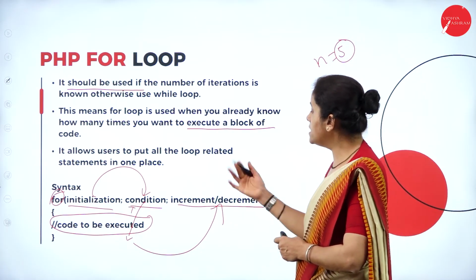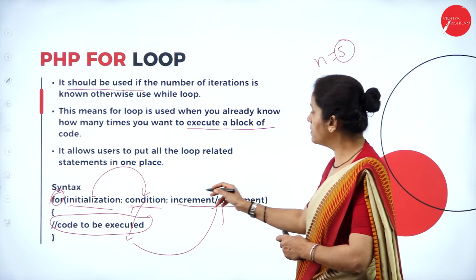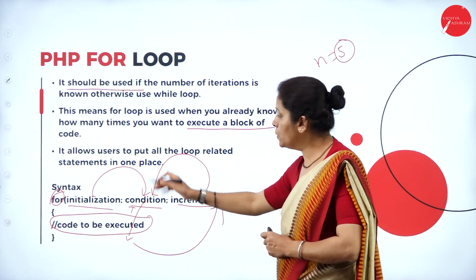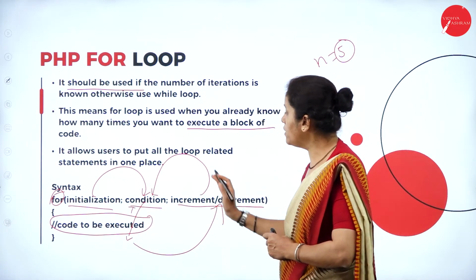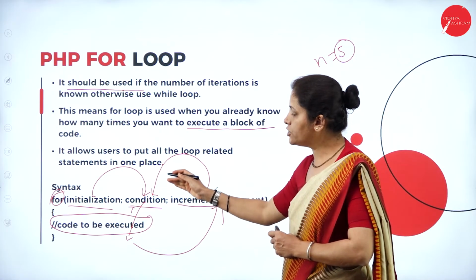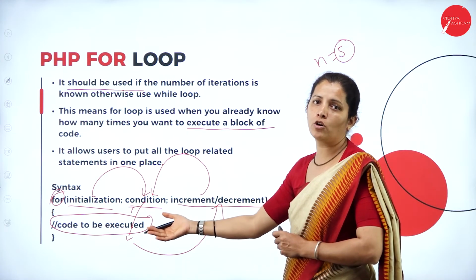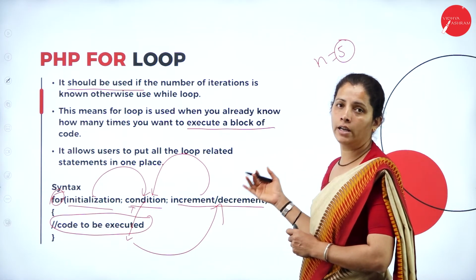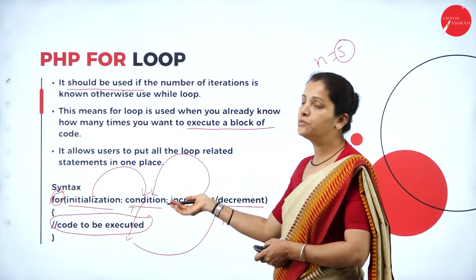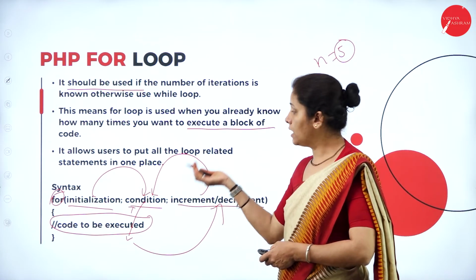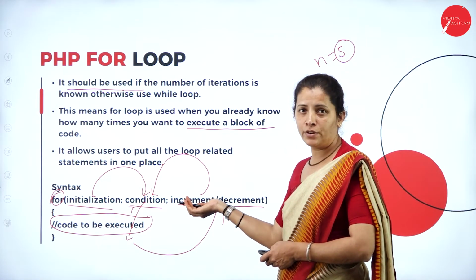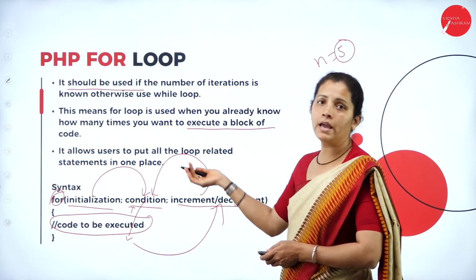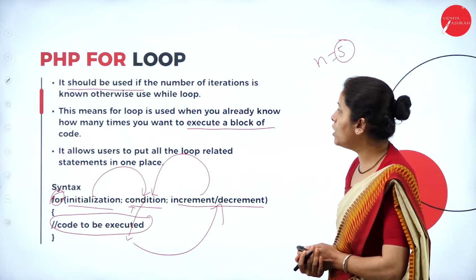Once the increment or decrement is done, once again it's going to check the condition. If the condition is true, execute, then increment or decrement. Then check the condition. If the condition is true, execute the block of statements present in the for loop, then increment or decrement. Once the condition is false, the control transfers to the remaining statements.